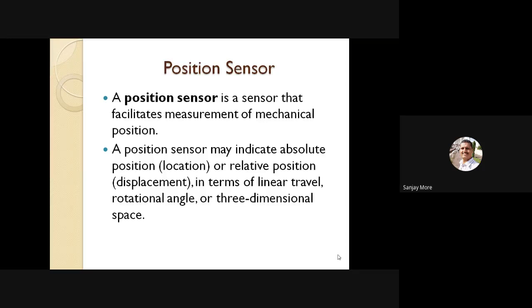See, the absolute position means location and relative position means displacement, in terms of linear travel, rotational angle or three-dimensional space. This is the overview of position sensor.